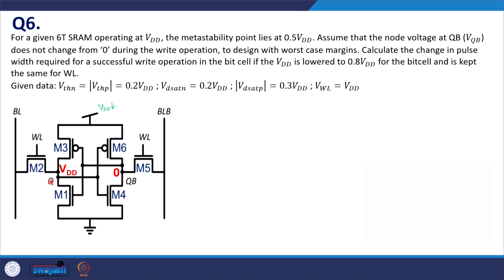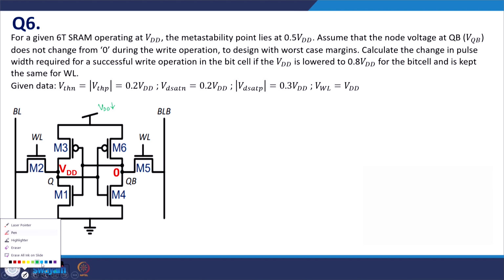With that current we will be comparing the nominal voltage and lower cell voltage operation, and the ratio of those two currents tells us the discharging current has now reduced by this much. So, pulse width has to be increased by the same value, because we are assuming the worst case constant current to be flowing during the word line pulse.